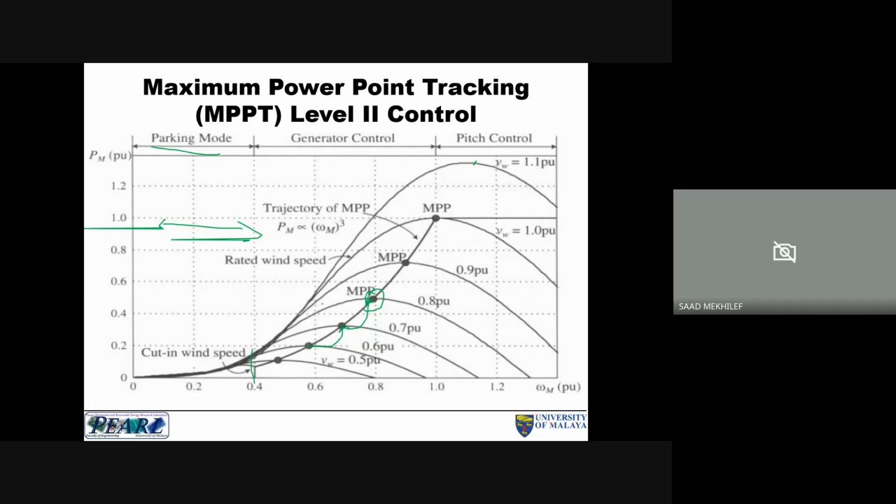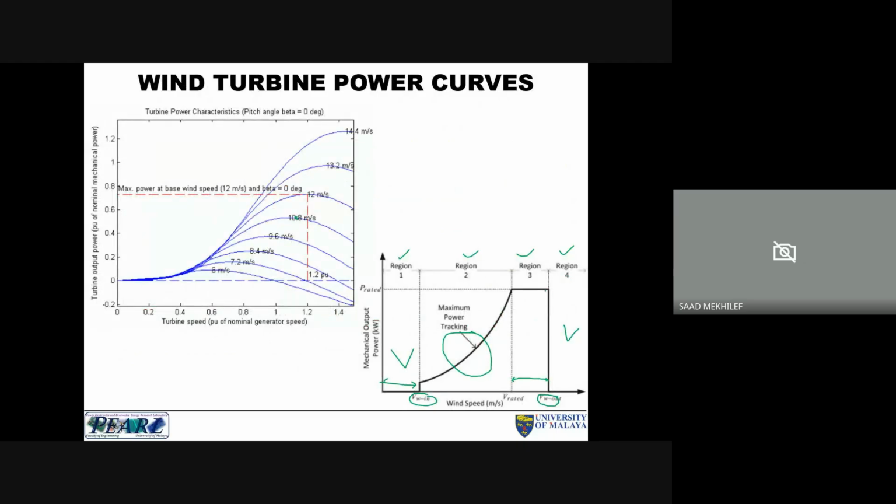The parking mode is when the speed is below the cut-in speed. The generator control mode is when the wind speed is between the cut-in speed and the rated speed. The pitch mode is for higher than the rated wind speed but below the cut-out speed, where the power is kept constant by the pitch. This is the area.